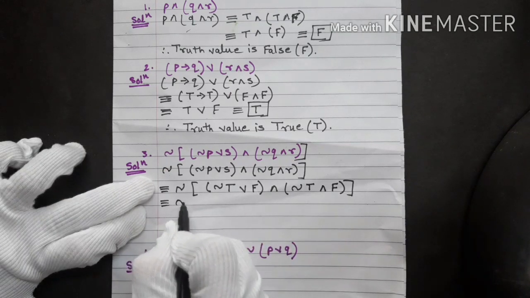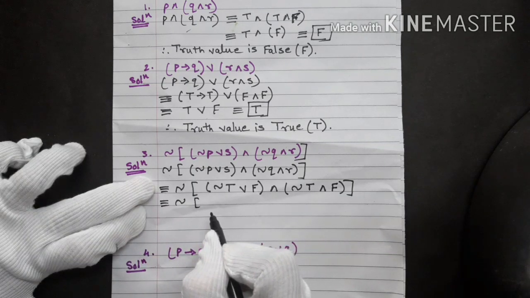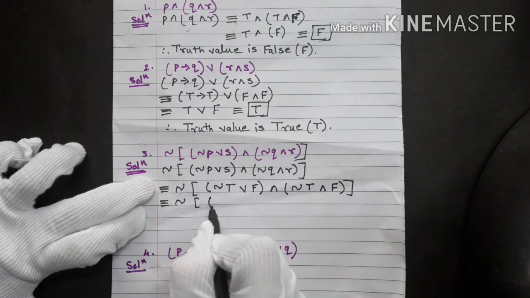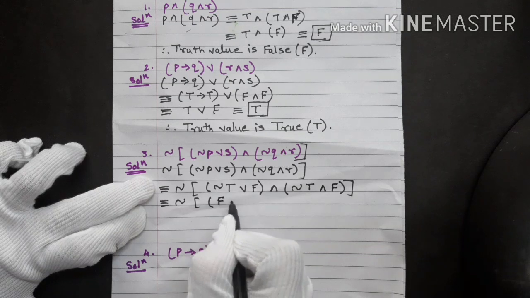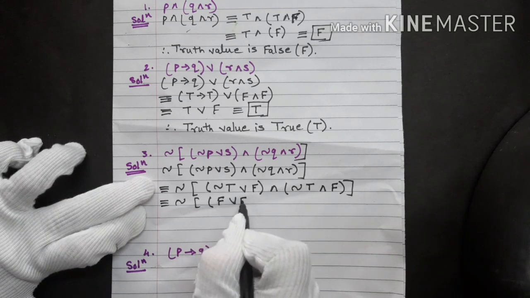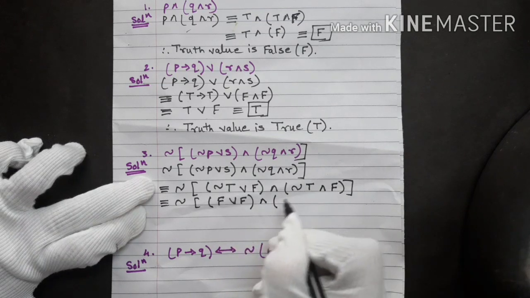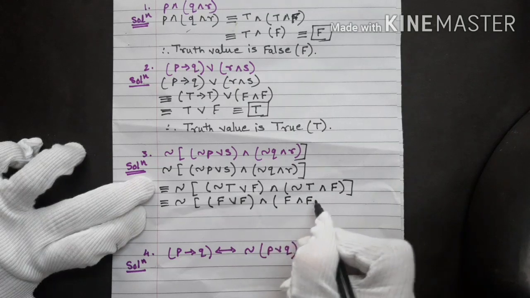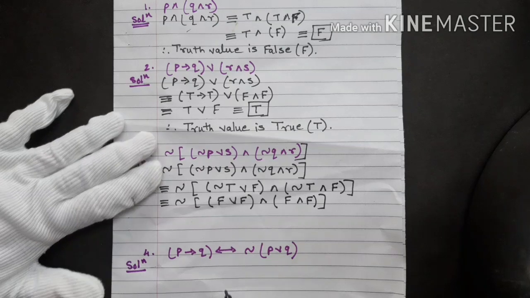So negation into the bracket. Now negation T will be F. So you get F or F, and again negation T will be F and F.